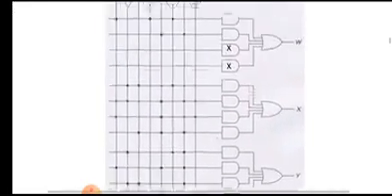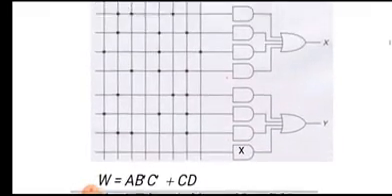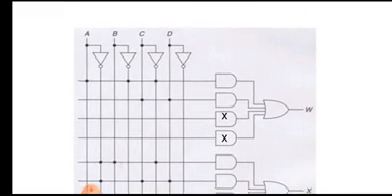For the W output, we are getting A, B bar, C bar. How are we getting it? A is directly connected to the line, so we get A. B input is connected to the NOT gate, so we get output B bar, and C input is connected to the NOT gate, which will produce C bar.